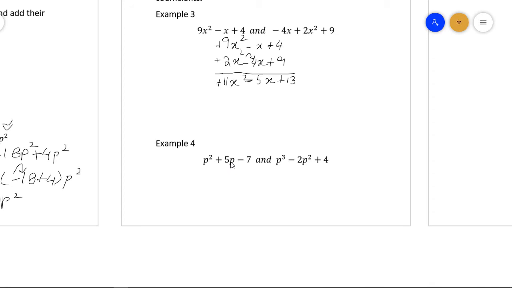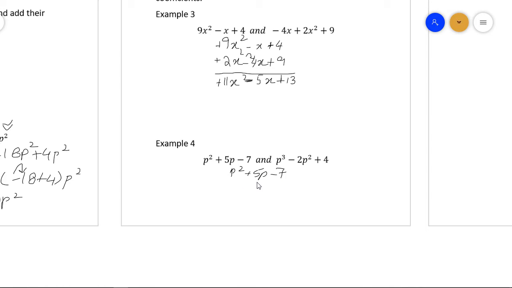Okay, moving to the next example, which is p square plus 5p minus 7 and p cube minus 2p square plus 4. Interesting one. Okay, p square, first we will write like terms, p square plus 5p minus 7, and the next one is p cube minus 2p square. Okay, p cube, is there any like term to p cube?